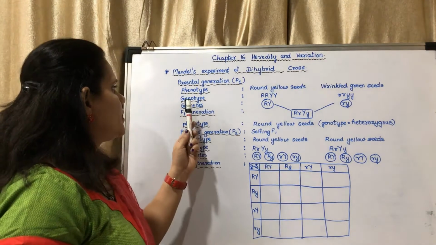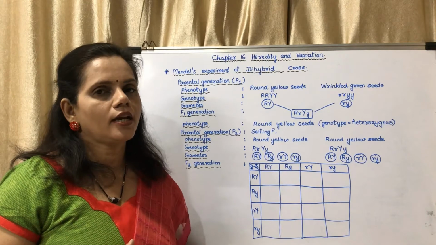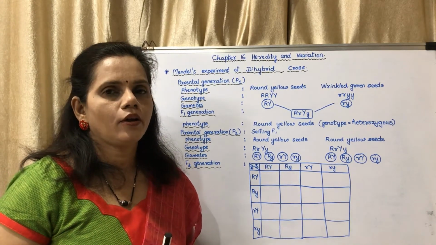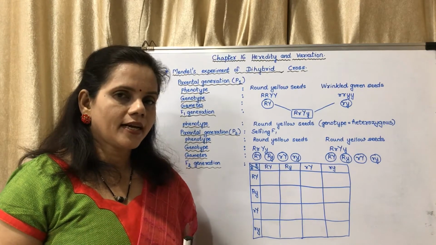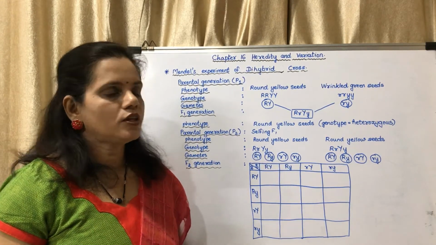Now these genotypes, when they produce gametes, get only one set of genes. It can form any number of gametes, but all of them will have only one set of genes.